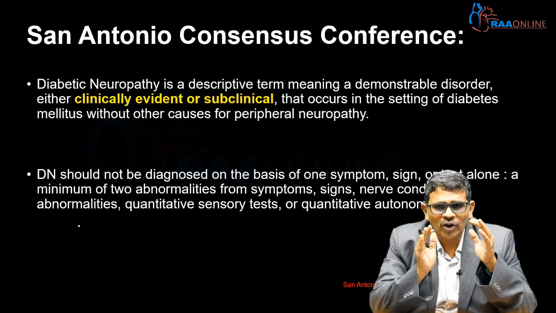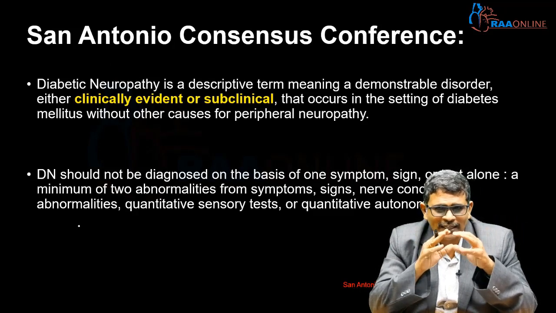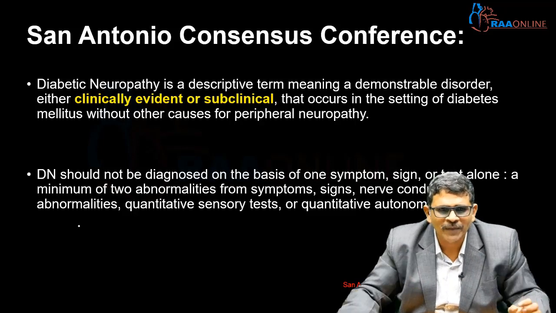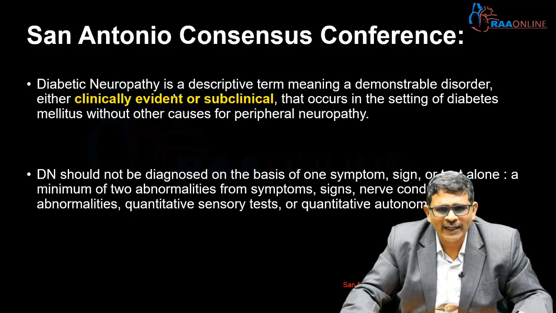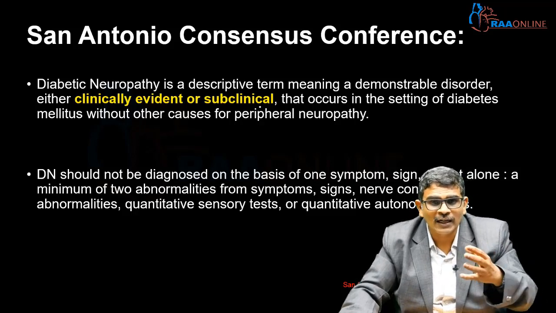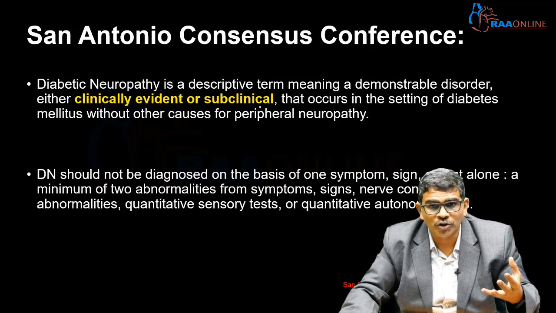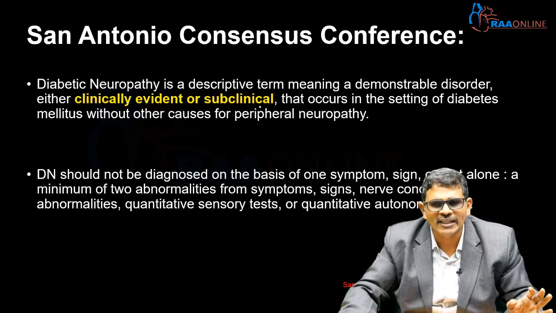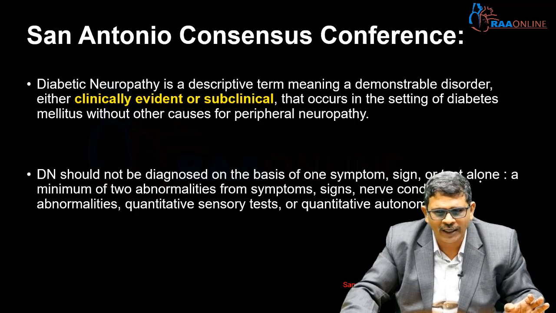The San Antonio Consensus Conference has published a beautiful literature on peripheral neuropathy. Diabetic neuropathy is a descriptive term meaning a demonstrable disorder, which may be clinically evident or subclinical. When we say subclinical, it is not based on a single sign, symptom or test alone.